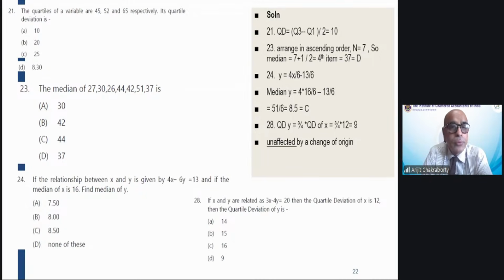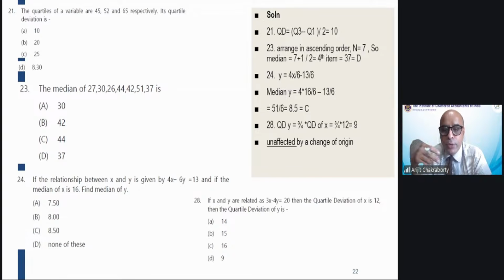Here we have 3x minus 4y equal to 20, so 4y equal to 3x minus 20. That means y is 3 by 4x minus 20 by 4, that is 3 by 4x minus 5.